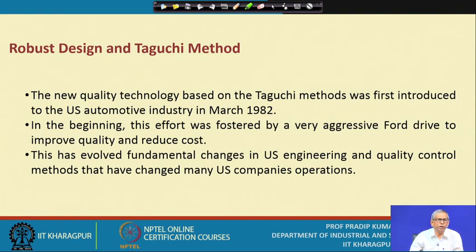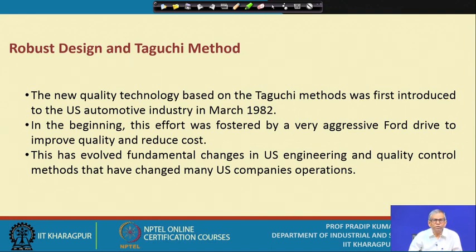So it's a well-known technique. This is sometimes referred to as quality technology. So the quality engineering based techniques as proposed by Taguchi were first introduced to the US automotive industry in March 1982.